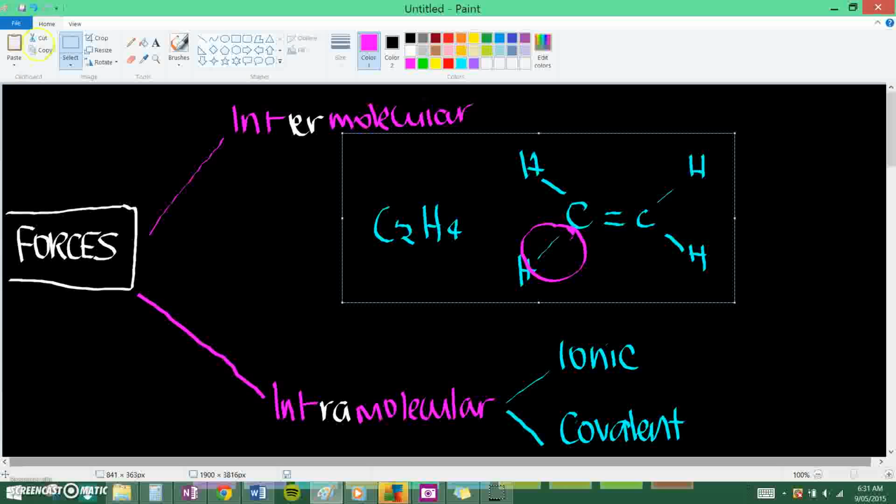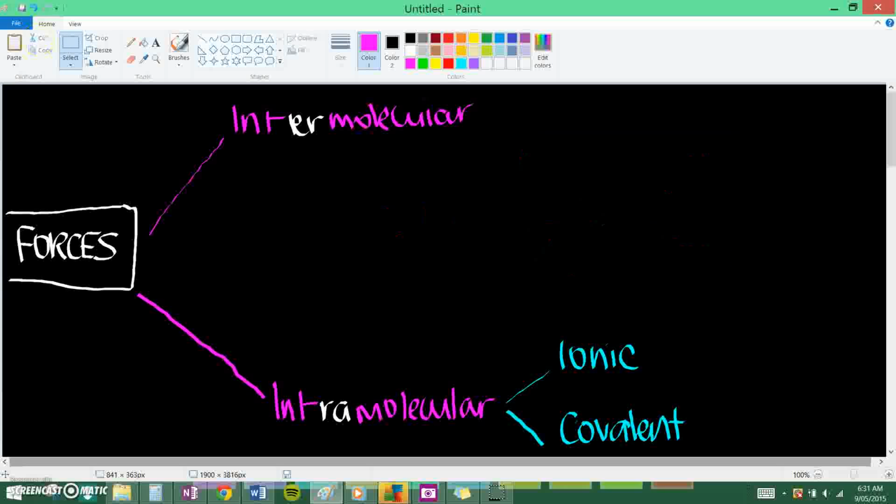Now, intermolecular forces, on the other hand, are also known as van der Waals forces. If you look on any other internet research, YouTube site, or whatever, they'd be referring to van der Waals forces as the weakest type of intermolecular force, which is the dispersion force.